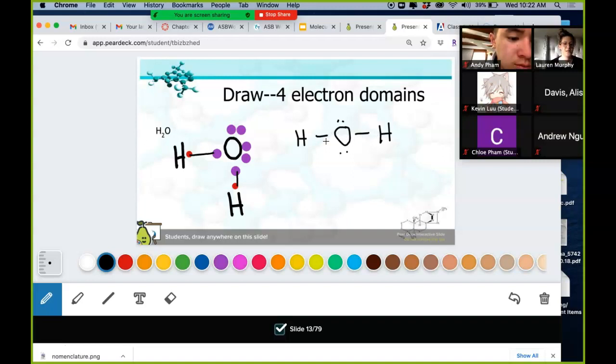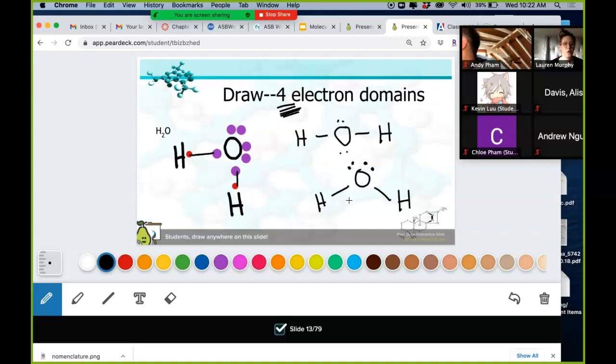Now I know it seems that way, but it really won't do this. So it is going to look more like this. Now I'm going to redraw so it looks a little cleaner. So now I still have 4 electron groups around the central atom, but 2 of them are involved in bonds and 2 of them are lone pairs.